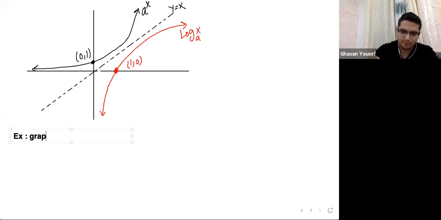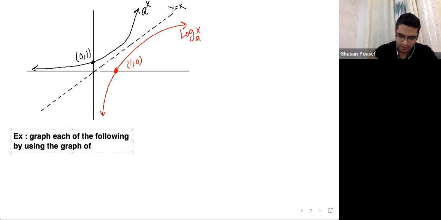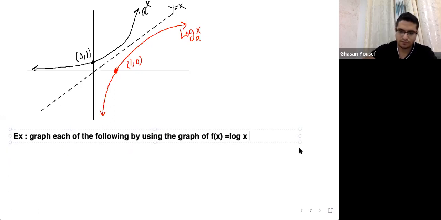Graph each of the following by using the graph of f of x equal logarithm x to the base 2. The first one is g of x equal minus logarithm x to the base 2.